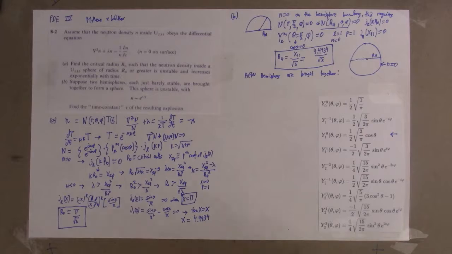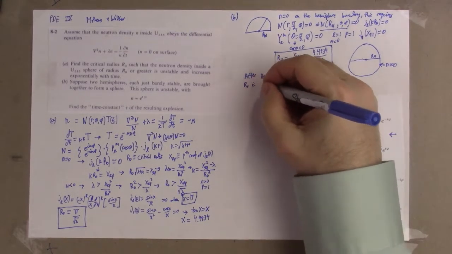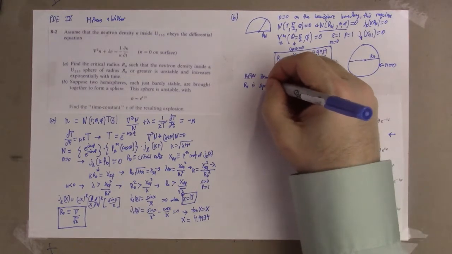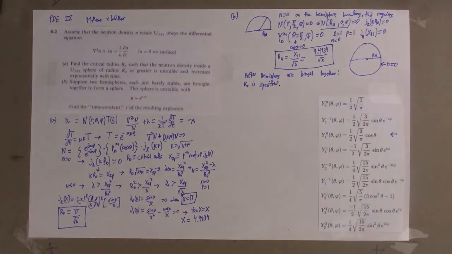Okay, so this problem is the same as in this problem, except we're working backwards. Now RH is specified. We have RH, and we need to calculate the other constants. We need to calculate mu eventually, and that will give us tau.